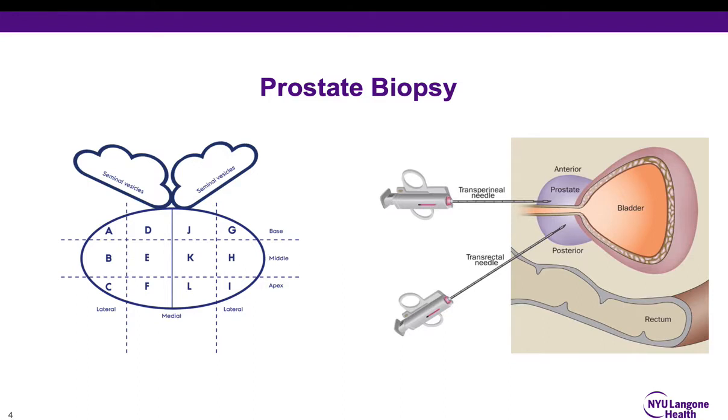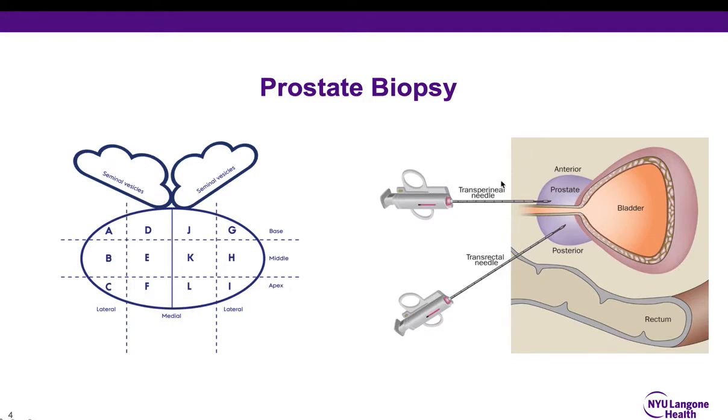The most common template in which we obtain prostate biopsy samples is a 12-core prostate template. In this particular template, the prostate is split in half, and then split into thirds between the base, the mid, and the apex of the prostate. Within each lobe, 6 cores are obtained, 2 from the base, 2 from the mid region, and 2 from the apex.